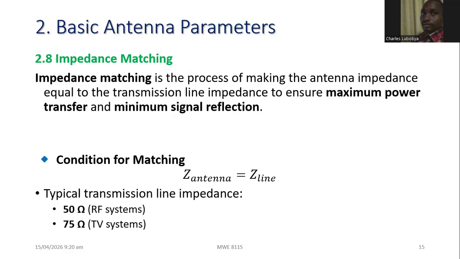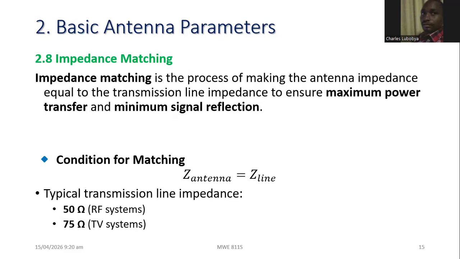We all know the side effect. If the two are not matched, then you're going to get some of the energy from the antenna going back to the transmitter. And you don't want that. You want all the energy coming from the transmitter to be radiated, to be converted into electromagnetic waves, and then be broadcasted in a certain direction.